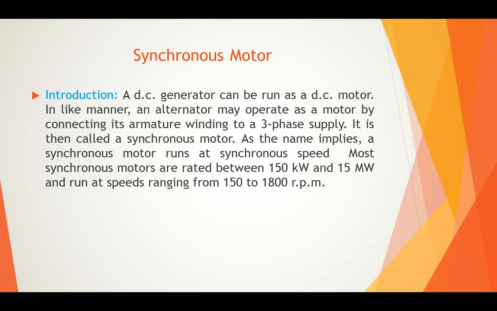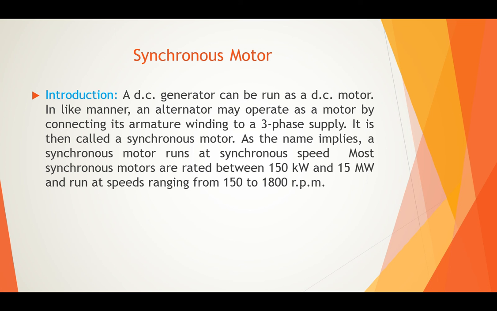Now, what is a synchronous motor? We studied DC generators and DC motors. A DC generator can be run as a DC motor in a similar way. An alternator may be operated as a motor by connecting its armature winding to a three-phase supply.